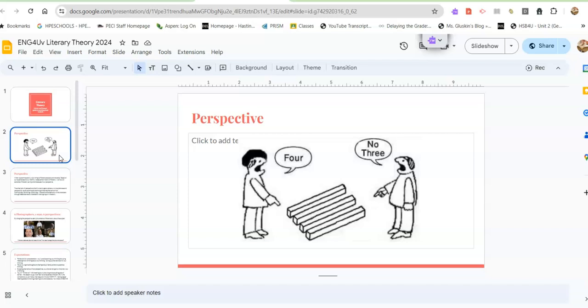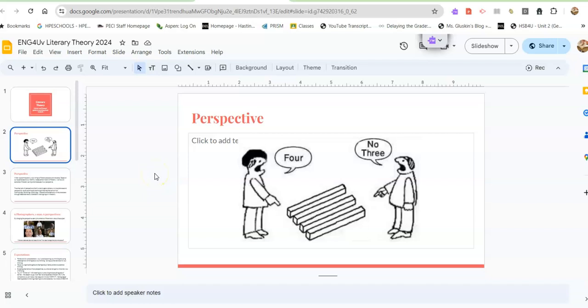So the concept of this idea is that we're looking at stories and we want to look outside of our own perspective or experiences to look at it from different perspectives. When we talk to other people and examine it from other perspectives, we gain more and more insight into the meaning of a story, or we can bring new meaning to a story based on a different perspective.